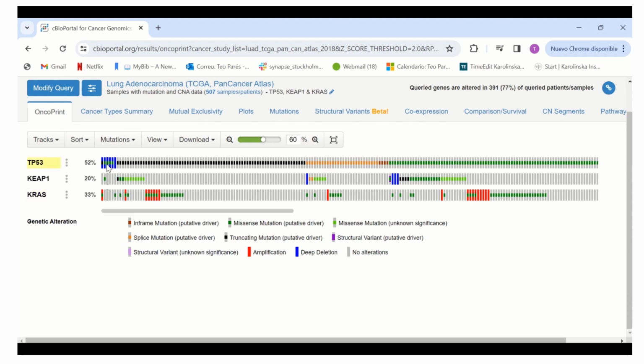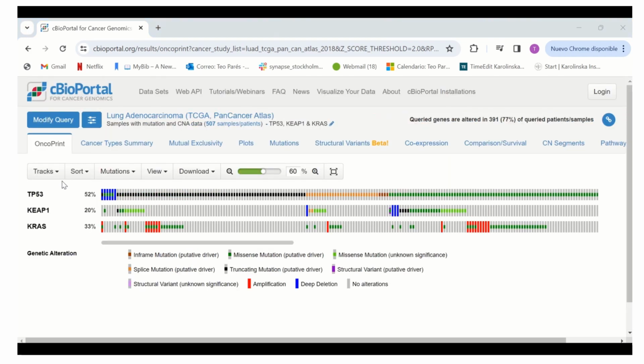There are deep deletions over here, represented by the blue color. There are truncating mutations represented in black. There are splice mutations in orange. There are missense mutations. There are amplifications.